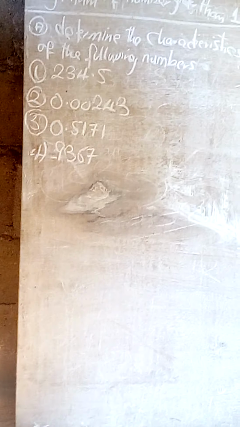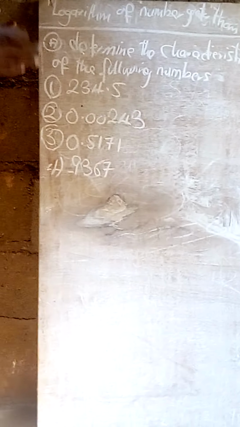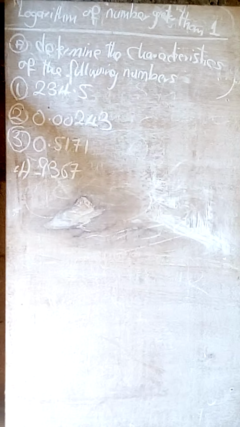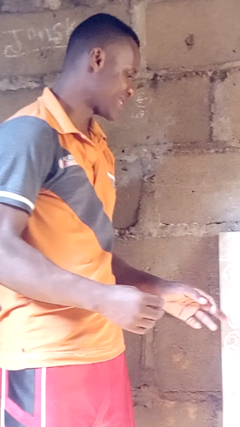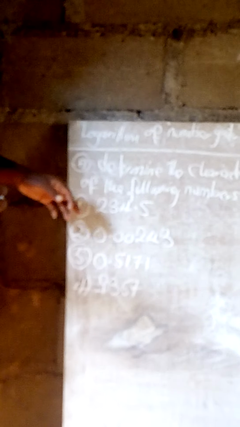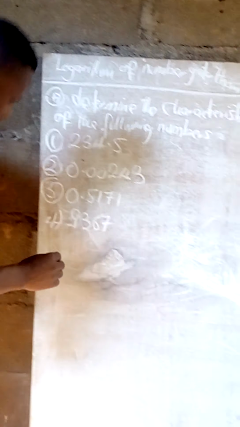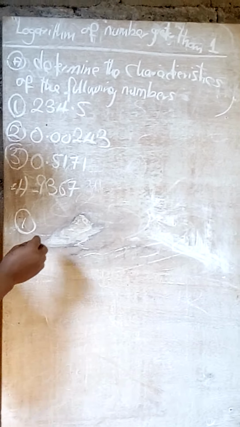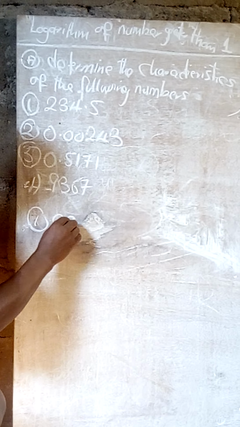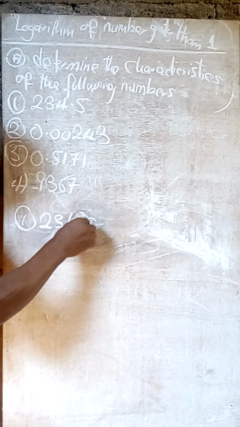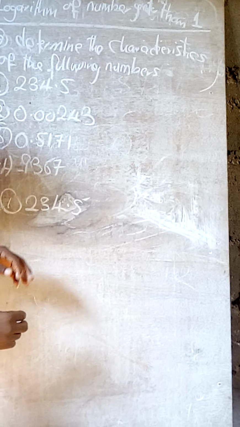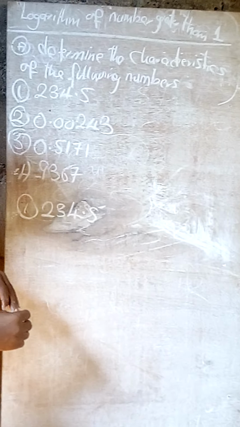Okay. In the first one, which is number 1, let's now see how to get the characteristics. Now that we have been given 2.345, let's see how to determine the characteristics.